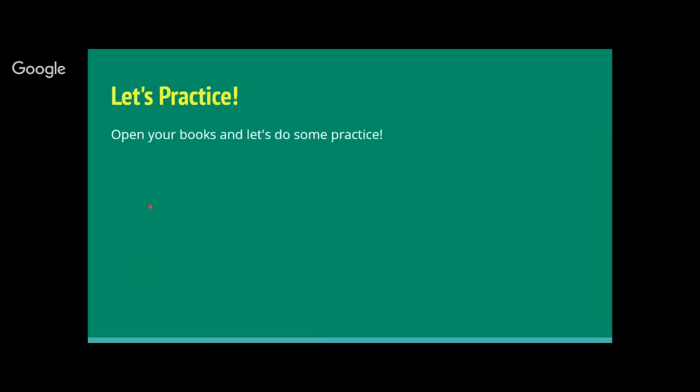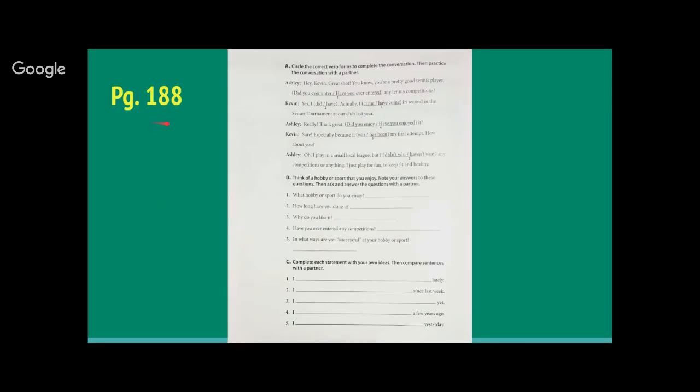Okay, so let's practice. Let's open our books. So go to page 188. I'll give you a second to get there. Page 188 looks like this. So take a minute, open your book.